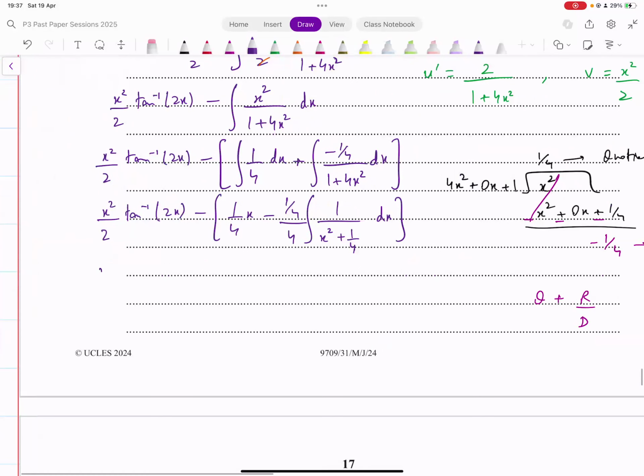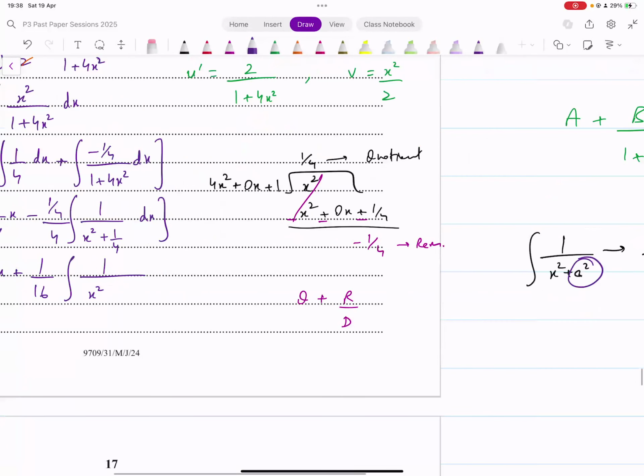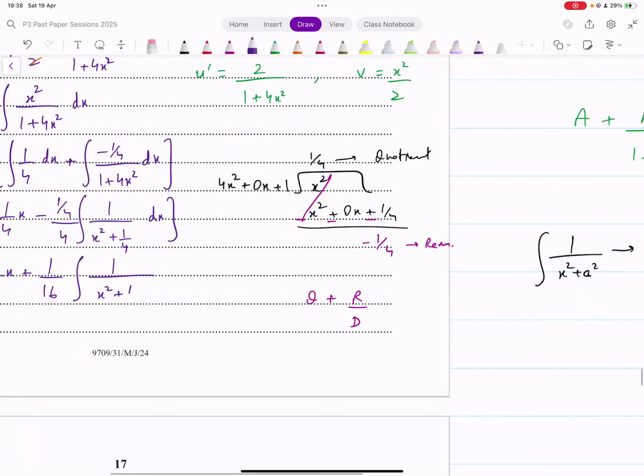Let's simplify this further. Minus 1 over 4 outside, and 1 over 4 in the denominator becomes 1 over 16 outside. Integration of 1 over x squared plus a squared, we want a squared, right? So we can write 1 over 4 as 1 over 2 squared.